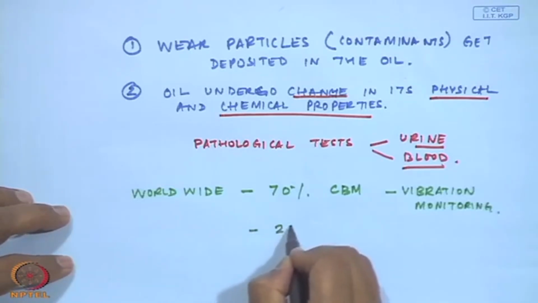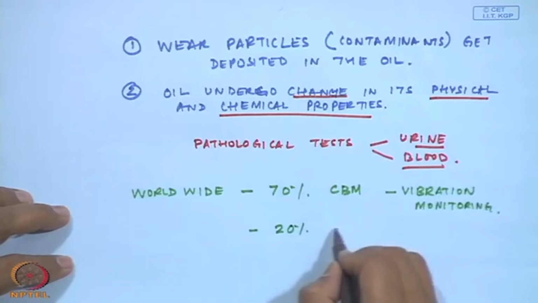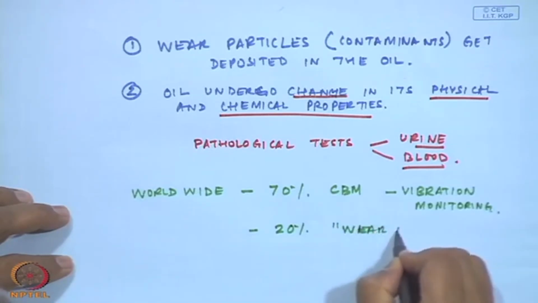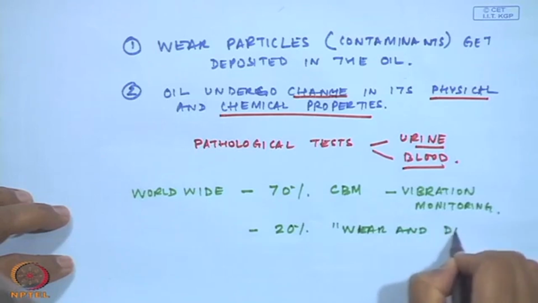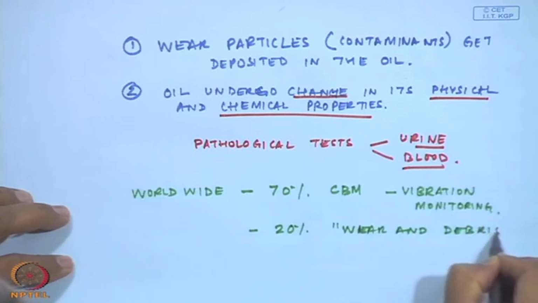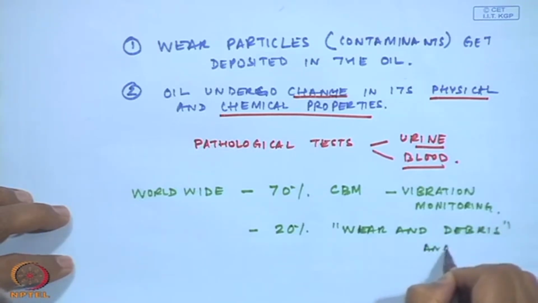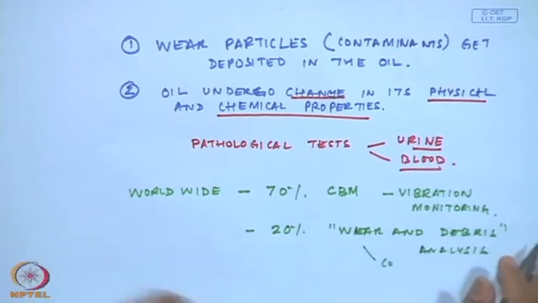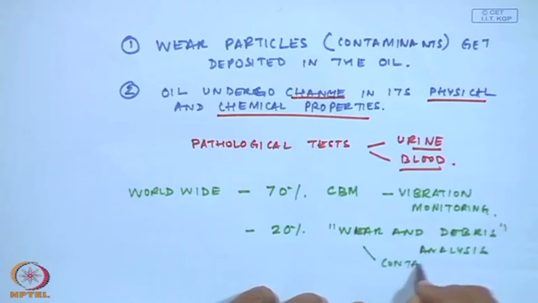And usually 20% is what is known as wear and debris analysis, which is essentially nothing but the contaminant analysis and oil analysis.